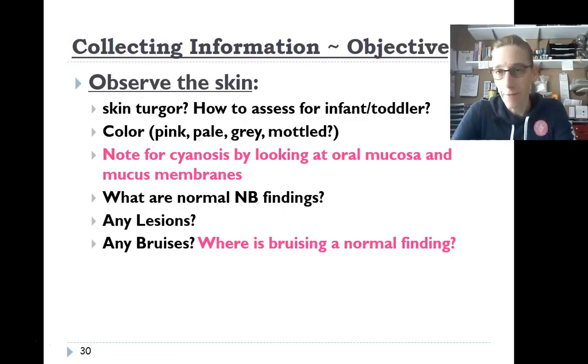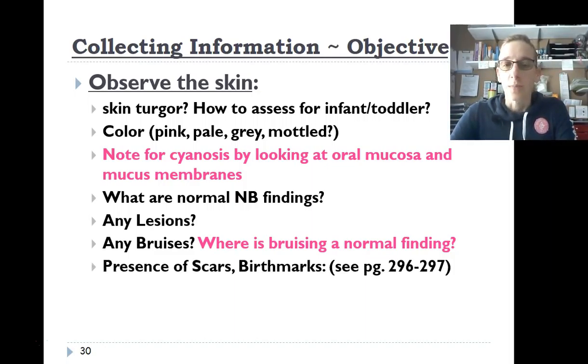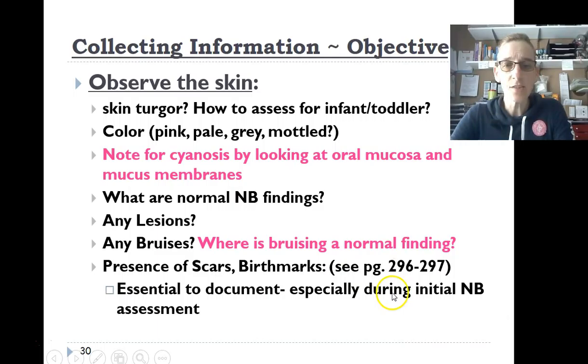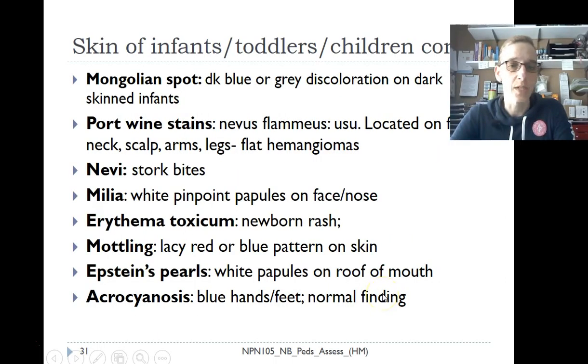Bruising is not ever normal on the buttocks or anywhere on the body per se, but it's normal for children to have a lot of bruises on bony prominences. So on their knees, elbows, legs, shins, you know, where they're going to fall down a lot. The presence of scars or birthmarks, and you can see these pages in your book for some really good pictures. And it's essential to document, especially during your initial newborn assessment.